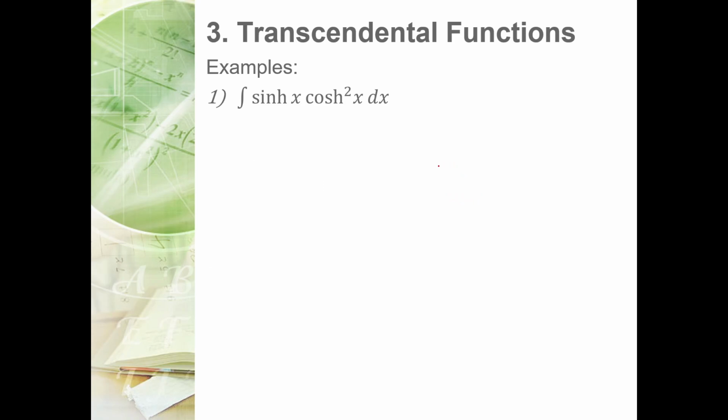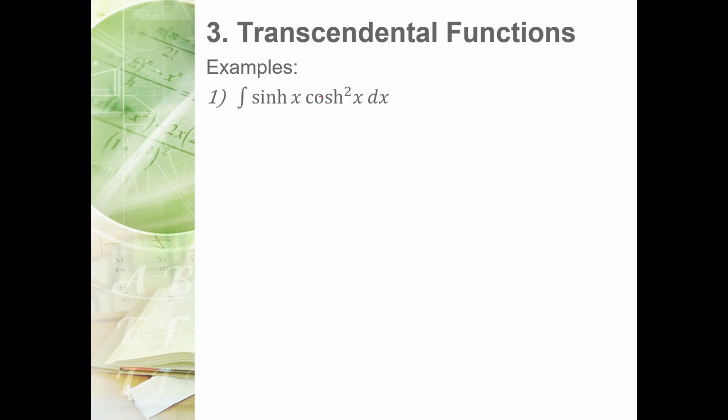Okay, so let's start with the first example. We have the integral of hyperbolic sine x times hyperbolic cosine squared x with respect to x. Again, you may use the basic approach, so you can use u sub.